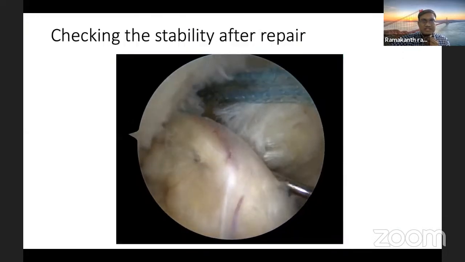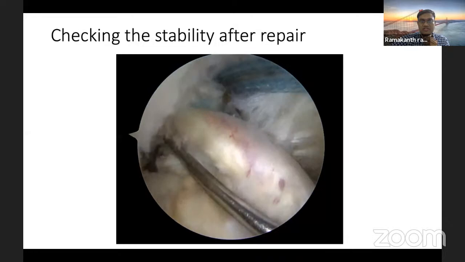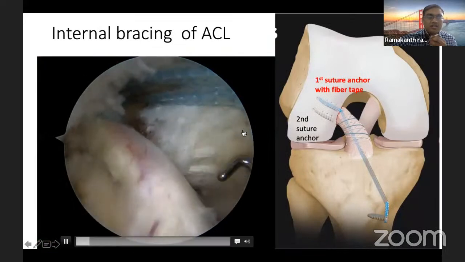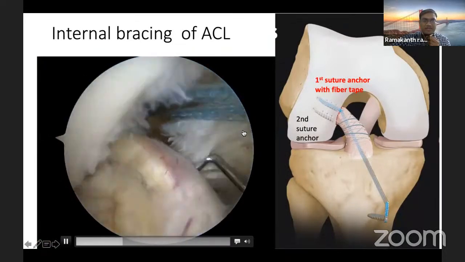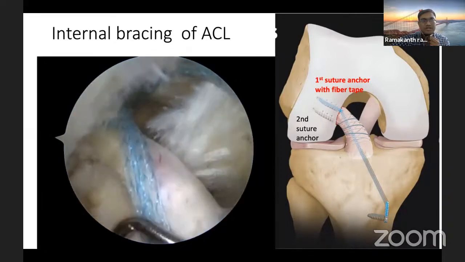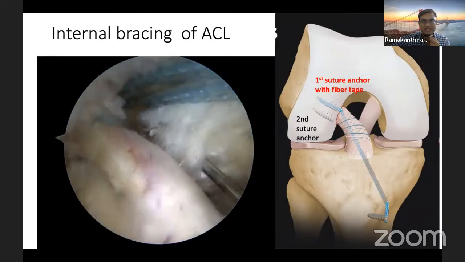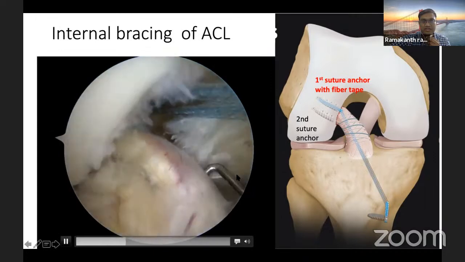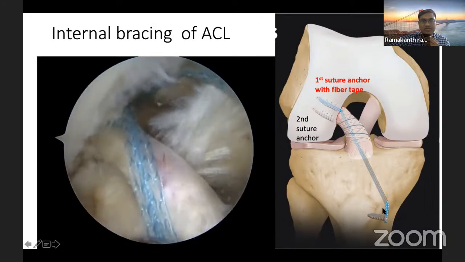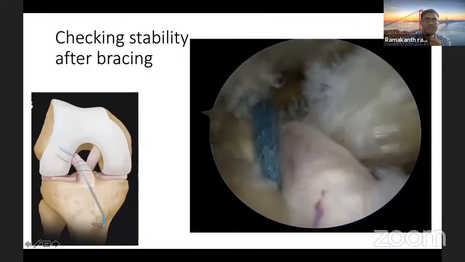So here we can check the stability of the repair after putting both the sutures. It is good and taut and originally attached. Then the fiber tape, which is along the AM bundle suture anchor, was draped over the ACL, and with the ACL jig, the tunnel was made anterior to the ACL footprint, and the tape was shuttled out to the anterior cortex, and then another knotless suture anchor was inserted.